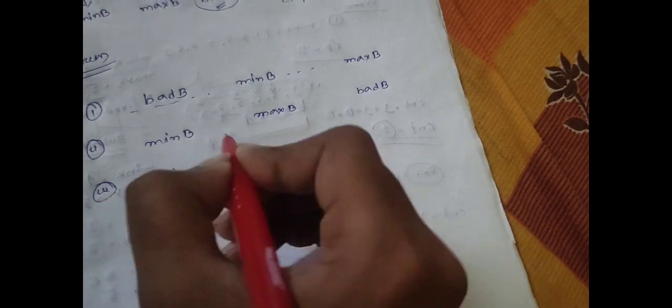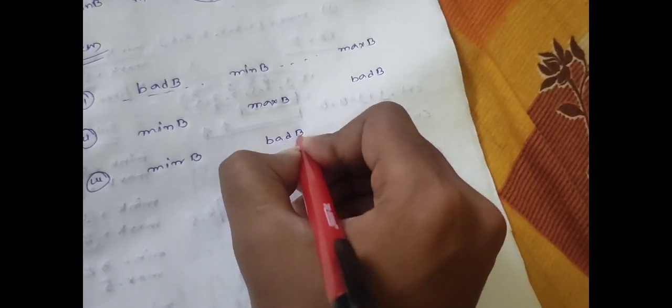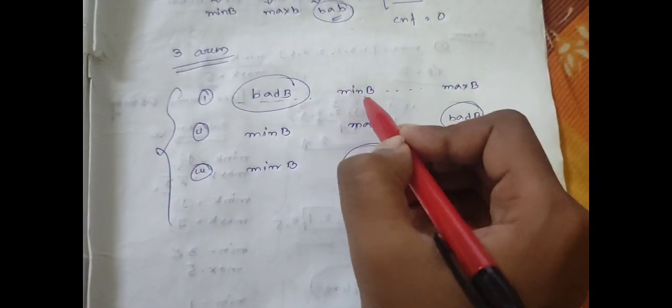And in the third case we have the min boundary, then the bad boundary, and then the max boundary. So these 3 types of situations are there, and you can check that.